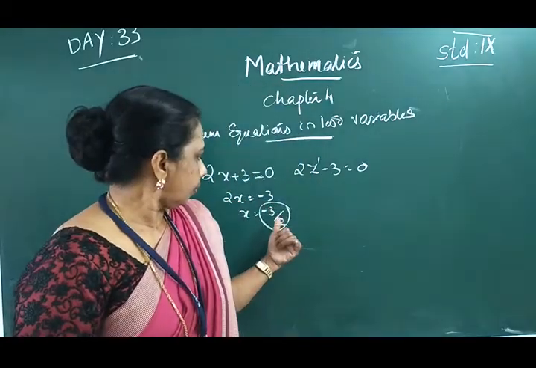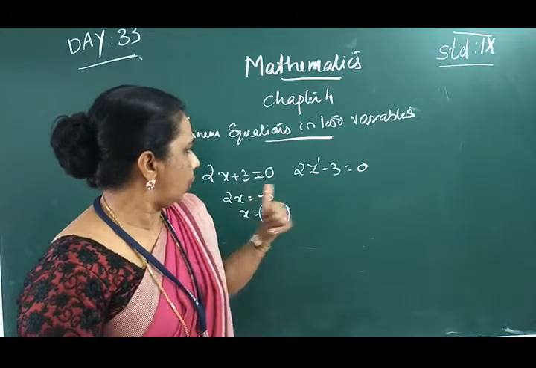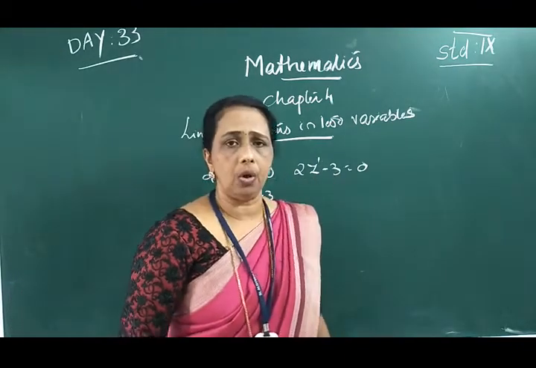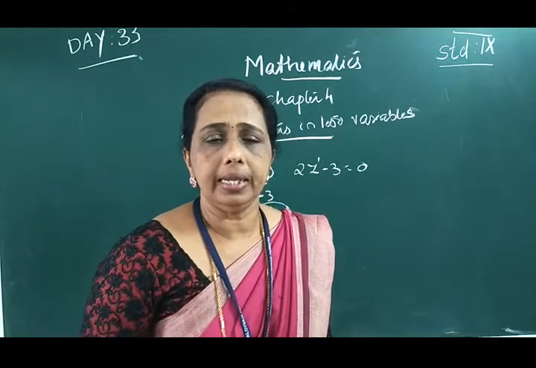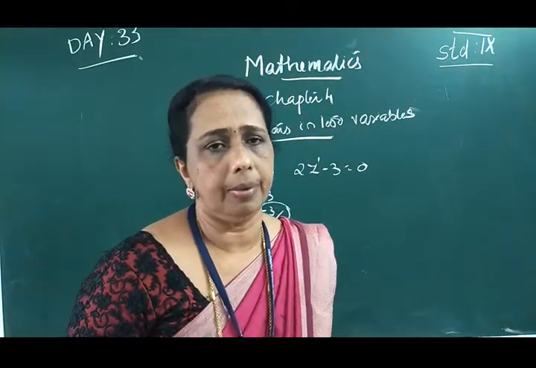So 2x plus 3 equal to 0 and 2z minus 3 equal to 0 are all linear equations in one variable.